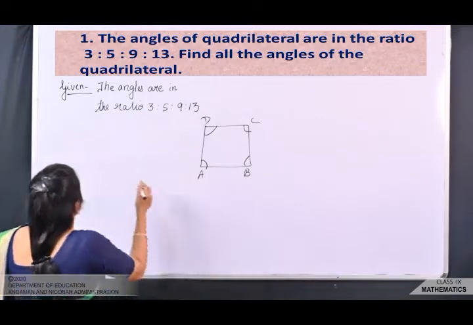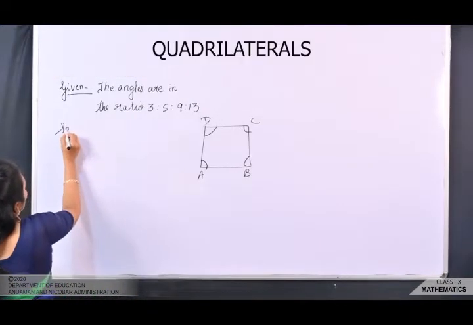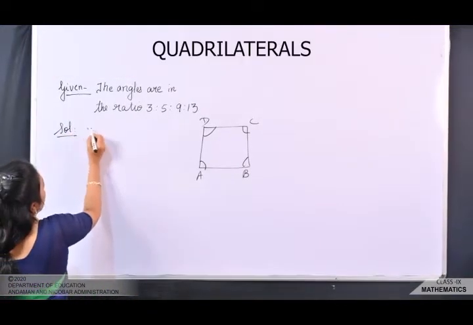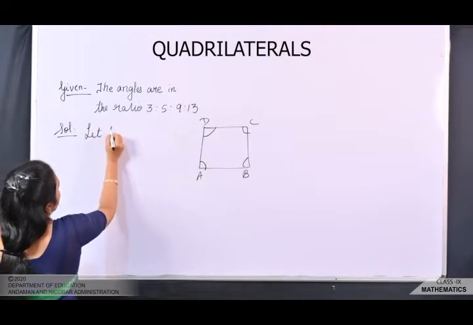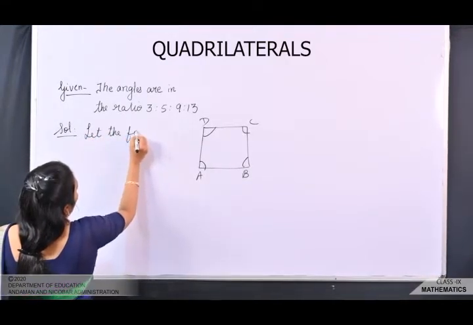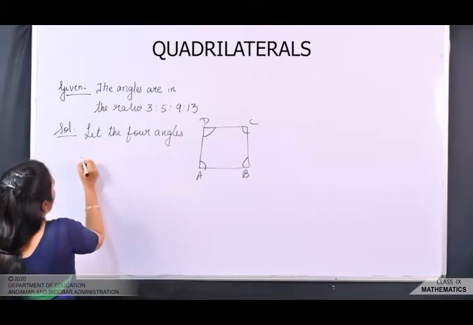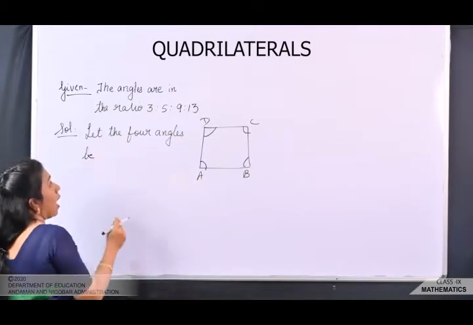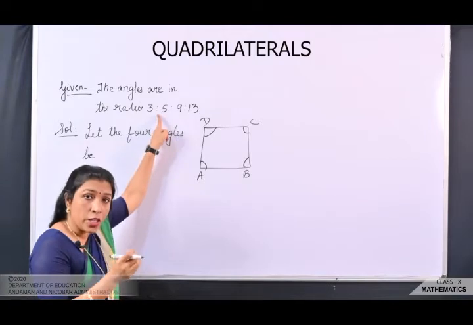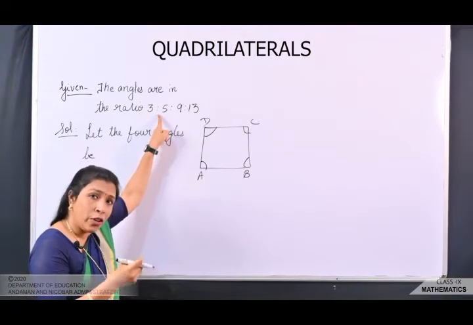तो हम यहाँ पे लिख लेते हैं solution. Let the four angles be, and you know that whenever it is ratio you have to take it in the form of 3x. ये हम पहले भी discuss कर चुके हैं.